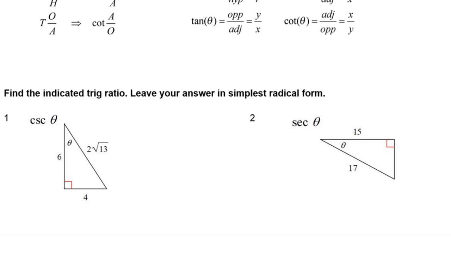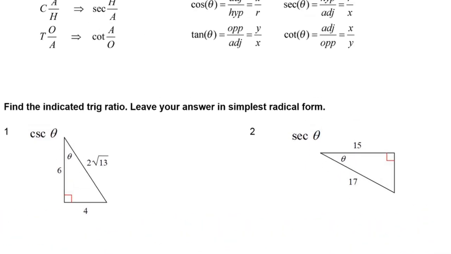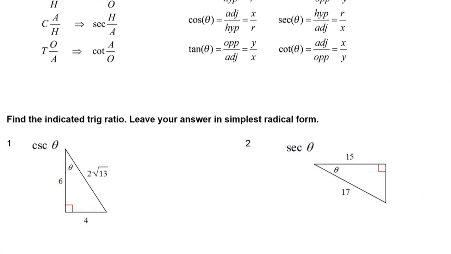All right, now we're going to go through four examples together. We're going to take these first two right here. So take a moment, pause the video if you need to, not only to write down the problems, but also to draw the pictures. Now, this first problem, number 1, asks us to find cosecant. And cosecant is the relationship of the hypotenuse and the opposite side.